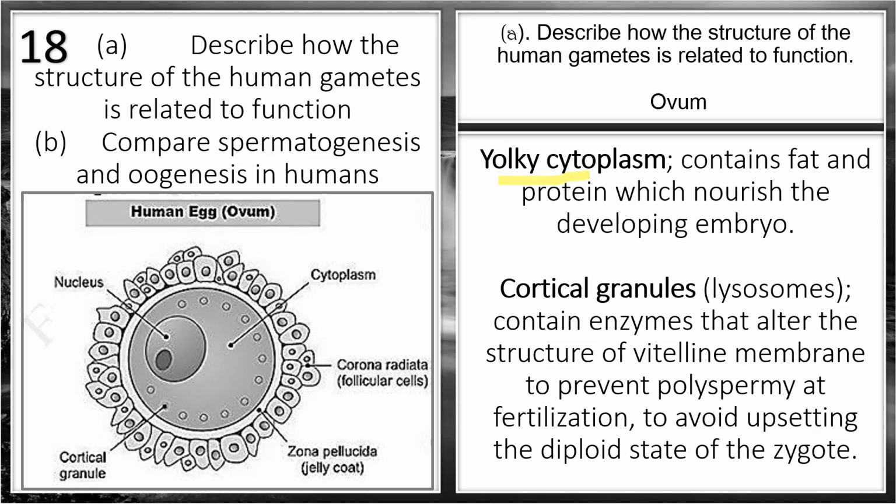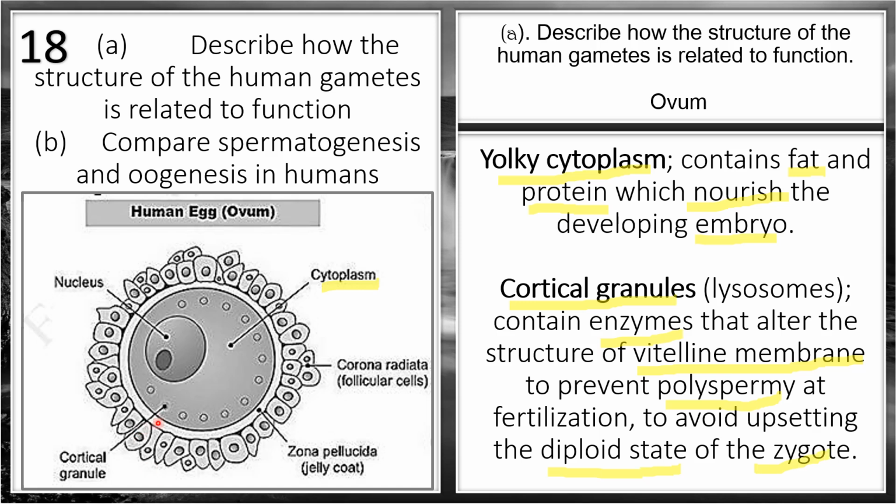We have the yolk cytoplasm. This contains fats and proteins, and these ones nourish the developing embryo. Then we have the cortical granules, or the lysosomes. These ones contain enzymes that alter the structure of the vitelline membrane to prevent polyspermy at fertilization and avoid upsetting the diploid state of the zygote.